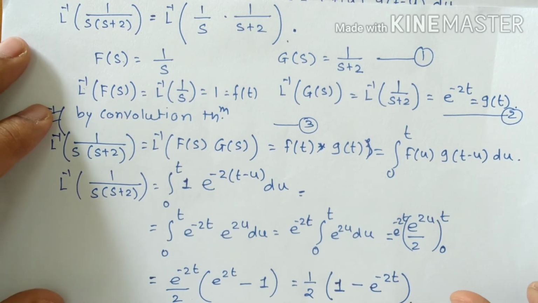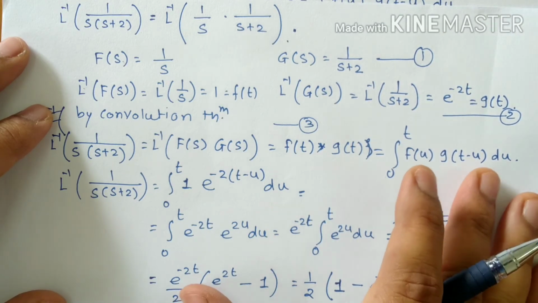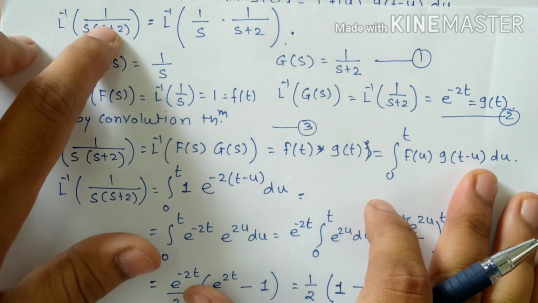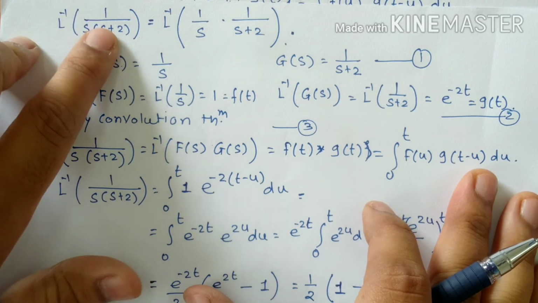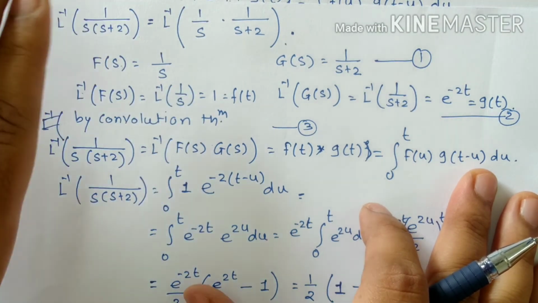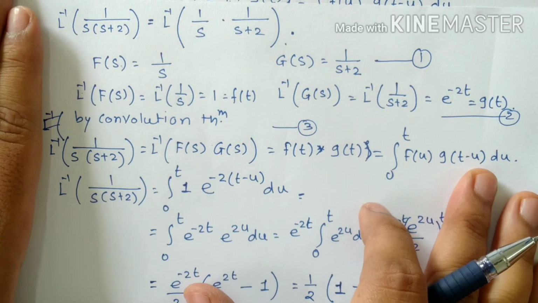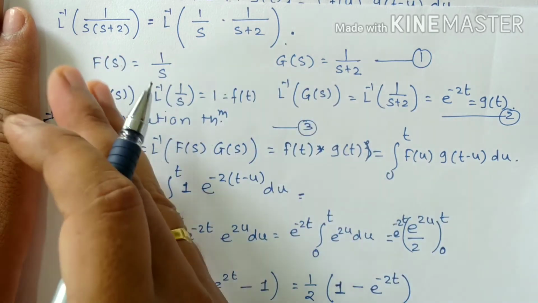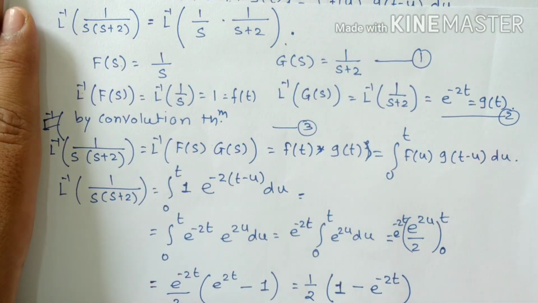Now in examination, there may be a specific mention in the question to solve by using convolution. Then only you can apply the convolution theorem. But otherwise, for this particular problem, instead of applying the convolution, you can go for the partial fraction also. Now if there is nothing mentioned about which method is to be followed, whether the convolution or the partial fraction, then you are free to select.